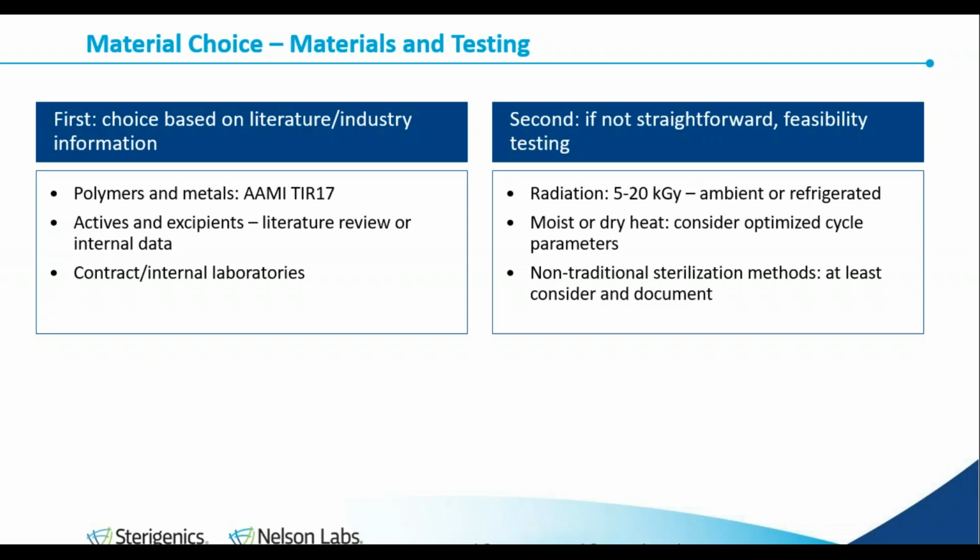And then consider non-traditional methods. There are quite a few out there, and at least consider and document. Now, I'm not recommending that you spend several years doing a research project with every sterilization type you can find on the internet, but there is some wisdom in doing some initial screening through the modalities that are fairly well established. Next slide, Mike.